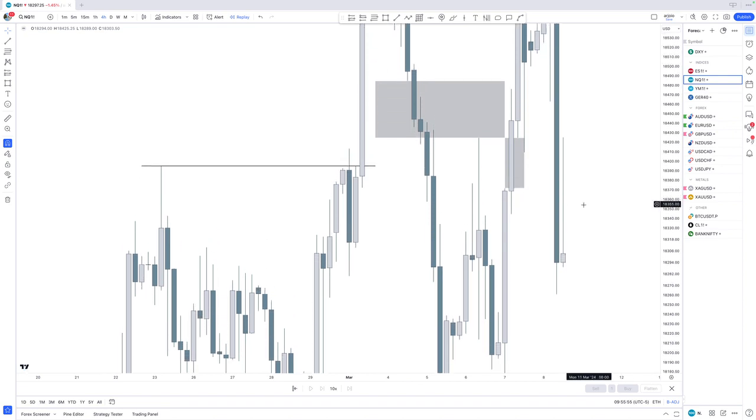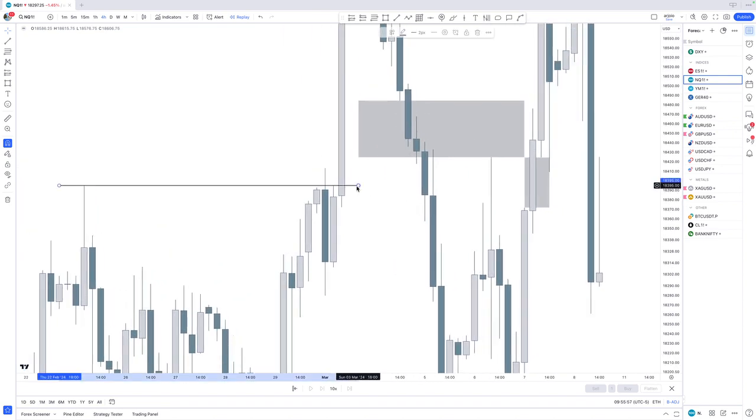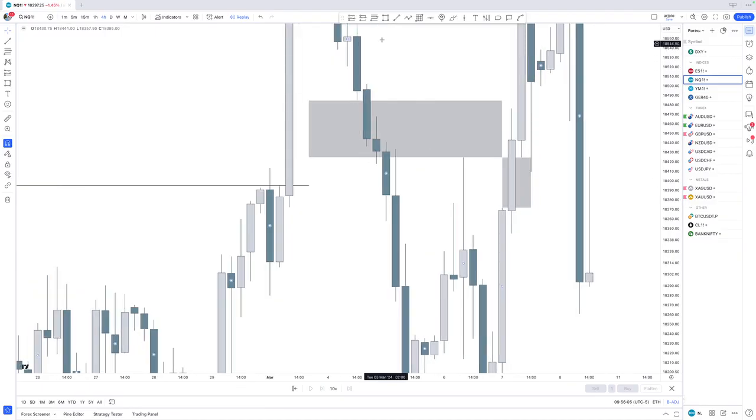So what I like to look at right here is the discount rate from that daily fair value area, this nested order block, although again, I prefer the overall fair value area. Then what we see is this candle tries to reject right there. There's a little small wick, and that wick becomes very important.